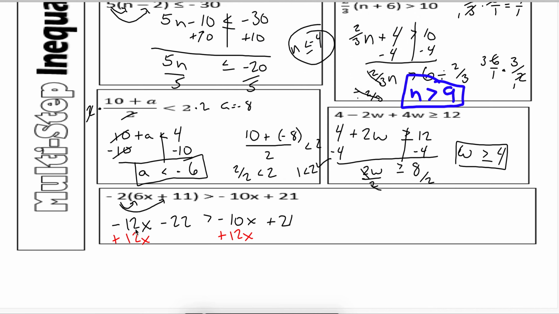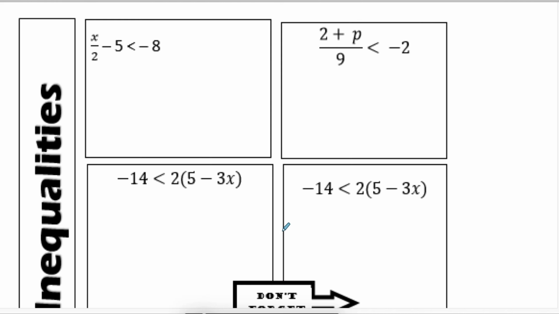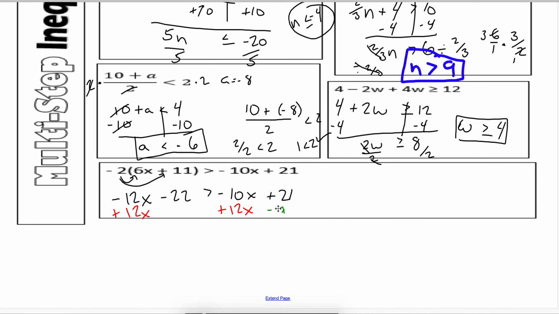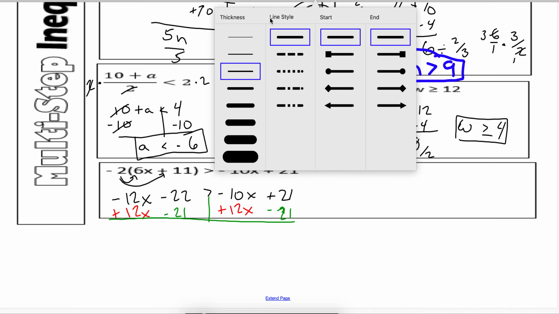I'm going to move the negative 12x over here by adding it, and I'm going to move my positive 21 to the other side by subtracting it. And there's a nice line right here for me already.